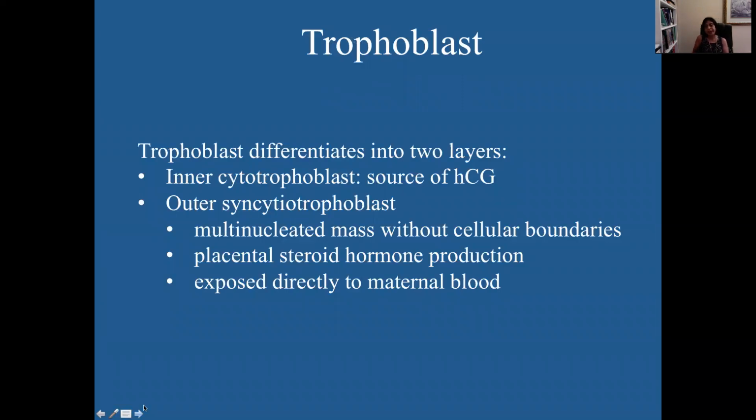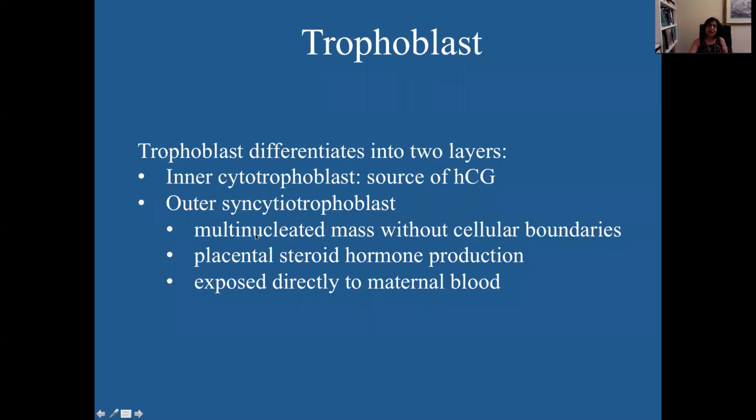Okay, we talked about trophoblast, 1 layer of cells in the blastocyst, which soon becomes 2 layers: a cytotrophoblast, the source of HCG, and an outer syncytiotrophoblast. What it does is break the cells.